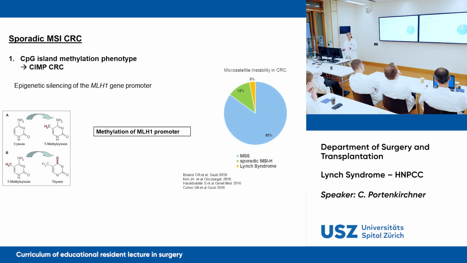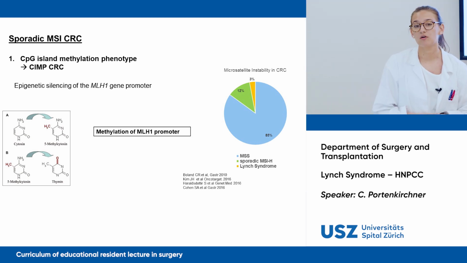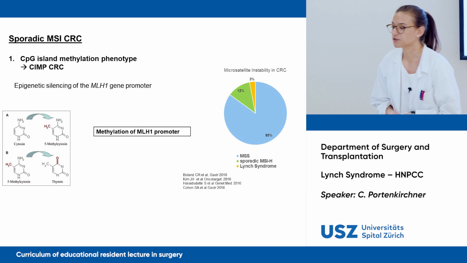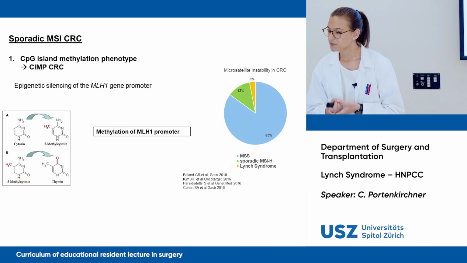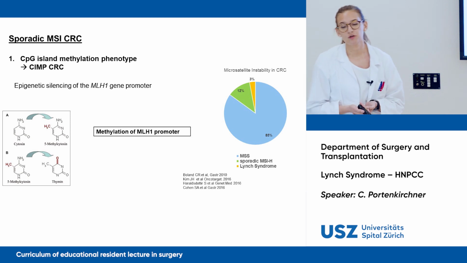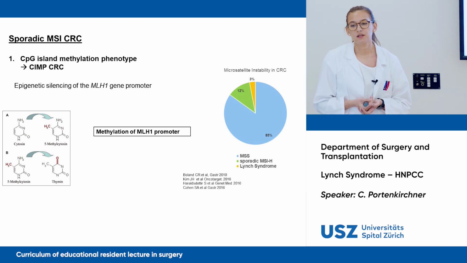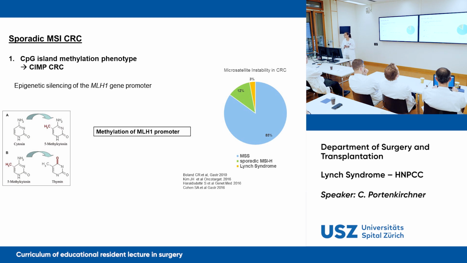So there we also have to talk about sporadic microsatellite unstable colorectal cancer. The vast majority, not all of them, but up to 80 to 90%, are caused by epigenetic silencing of the MLH1 promoter gene, which is a phenomenon that is associated with a CpG island methylation phenotype.